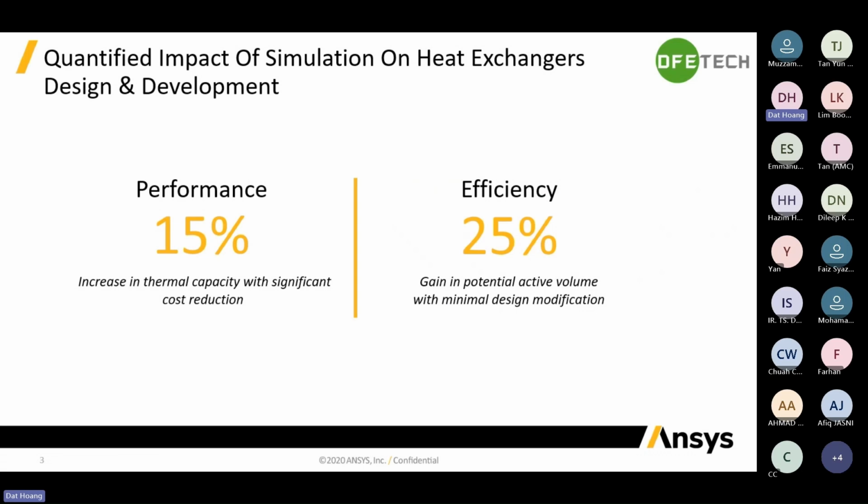Actually, simulation today plays a very crucial role in overcoming challenges. By leveraging simulation, we can achieve remarkable improvement in performance and efficiency. For example, we can gain up to 20% efficiency in potential active volume with minimal design modification, or we can increase thermal capacity by 15% with significant cost reduction.